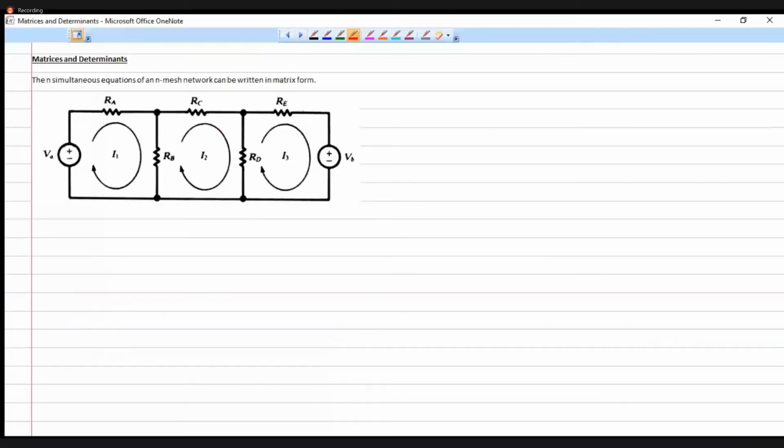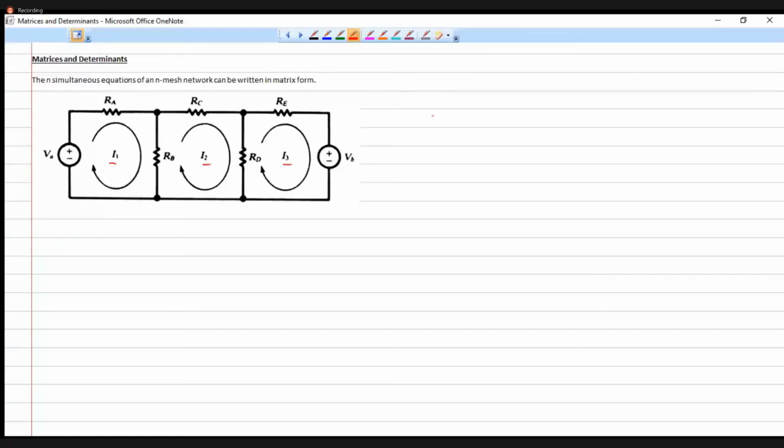I'm going on to matrices and determinants. I will explain. First of all, we'll write the mesh equations for this network. For example, we are having 3 loops. I1, I2, and I3 are the currents in these 3 meshes or loops.